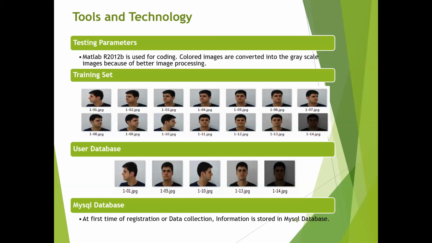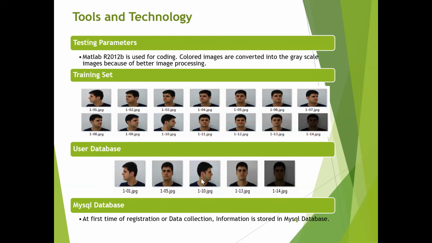So here we have used 14 images. Those are the input images. We have given these 14 different images with different lighting conditions as file inputs. And this is the database image. We have given only 5 images in the database. So in the database you have 5 images, and for the input we have 14 images.